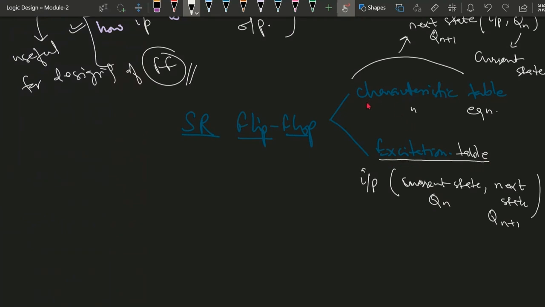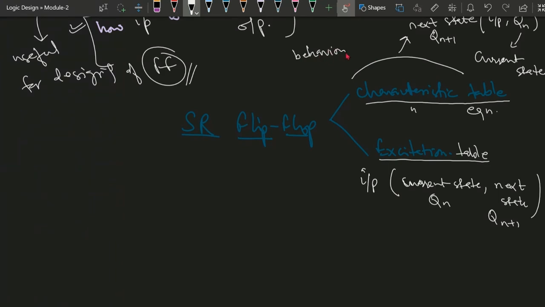Both these tables are important once we are going to implement a particular flip-flop or a particular sequential circuit by using these flip-flops. Then we will be requiring the excitation table, and the characteristic table is basically used to show the behavior of the flip-flop.